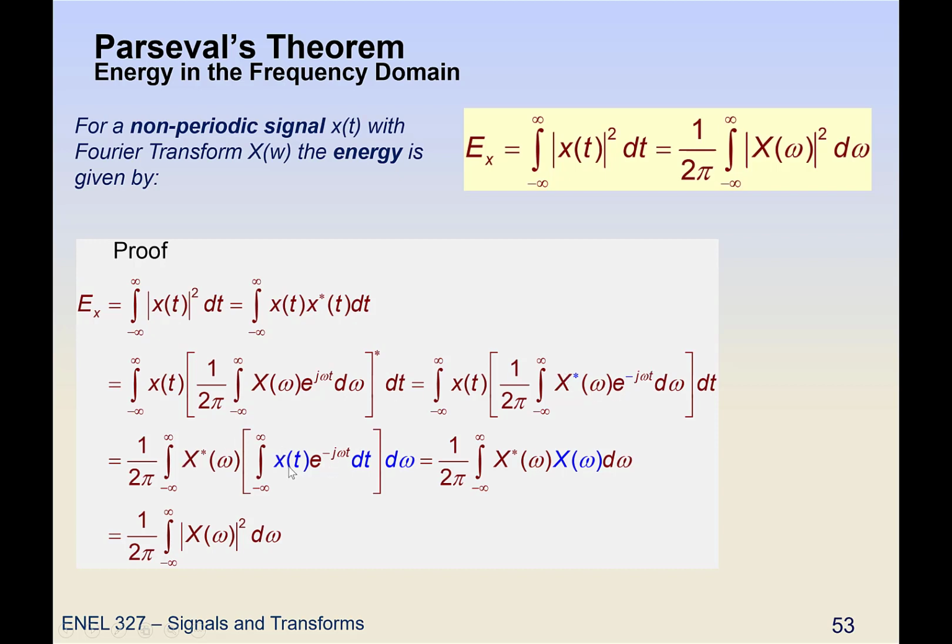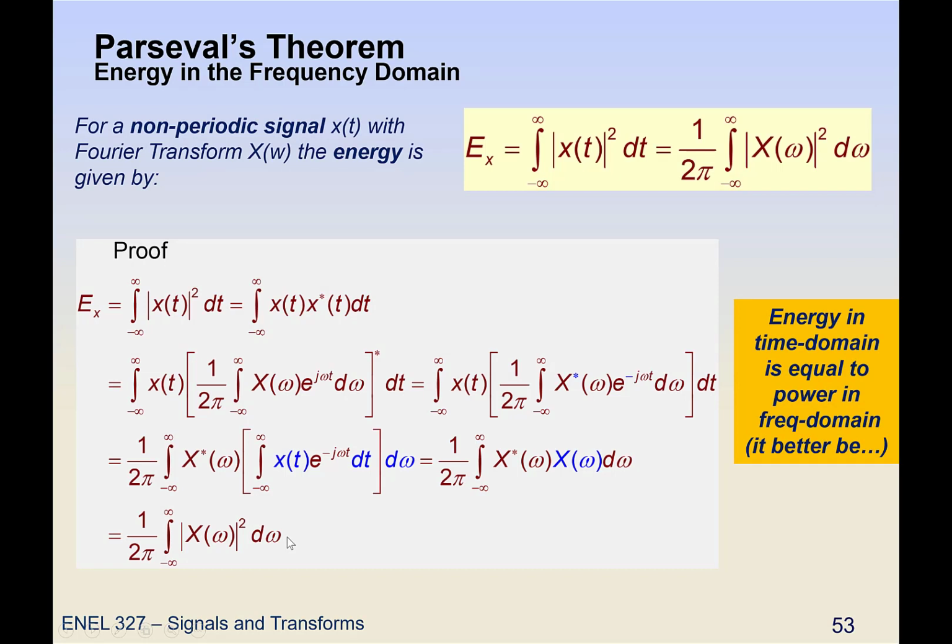Then I reverse the order of the integrals, and I reverse the order of the integration variable. And now if I take a look at what's in this square bracket, that's just the Fourier transform of x. So I replace that here, and then that just becomes capital X squared. And then notice I'm integrating over frequency. And once again, energy in the time domain has to be equal to energy in the frequency domain. And again, it better be, because it's the same signal.